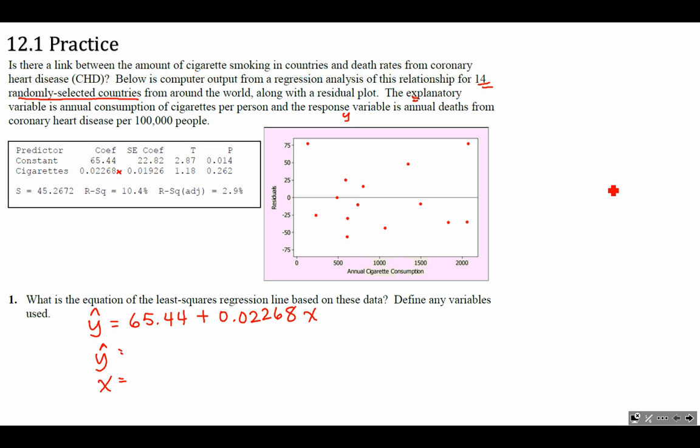So y hat is your response variable, but you need to define it in context, not just say, oh, y hat is response variable and move on. No, we need to say it's the annual deaths from CHD per 100,000 people.